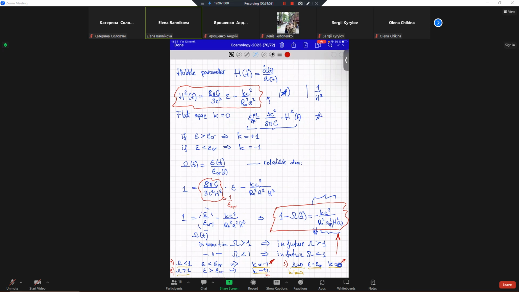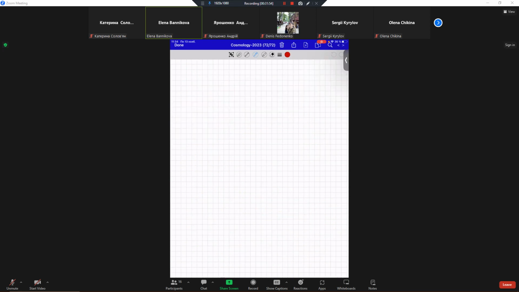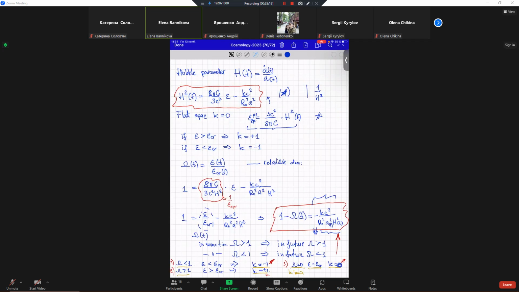So, the Friedmann-Lemaitre equation, again, I will remind you. Okay, let's write it here. It will be useful for us to have it next to us.